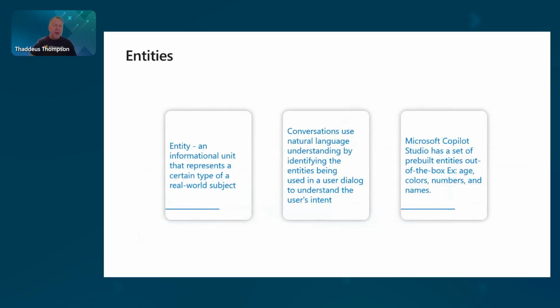Entities, think of them as kind of like a mini little table, maybe. You might think of it as like an option set or master data. You think about within your environment, you've got lots of master data.